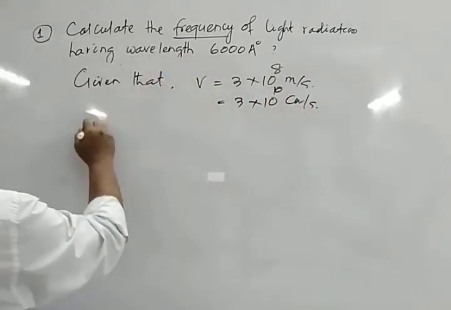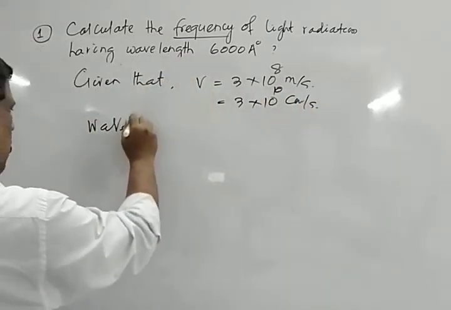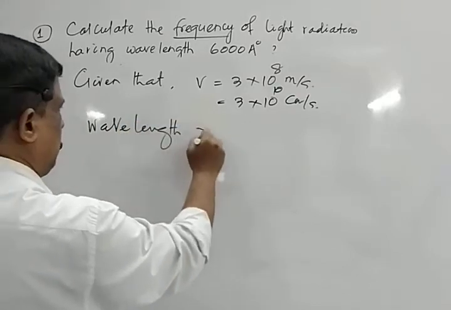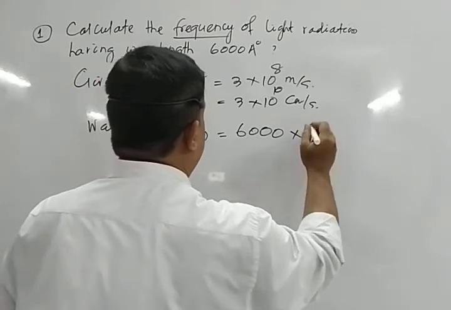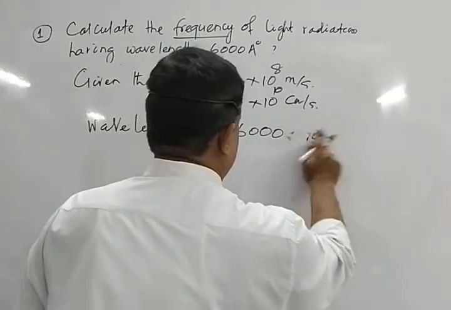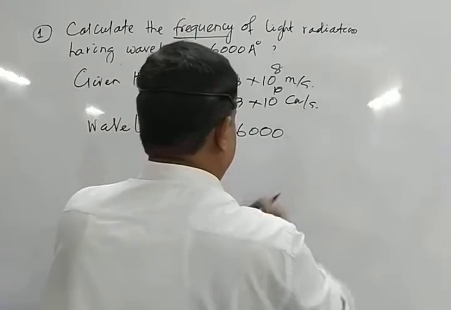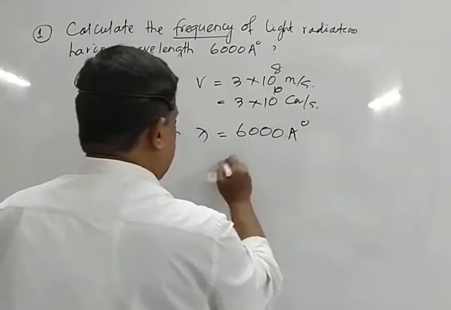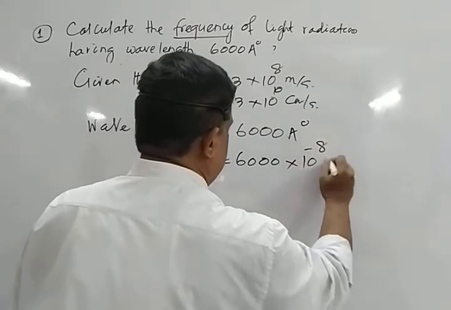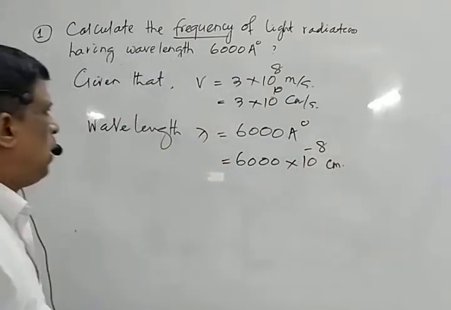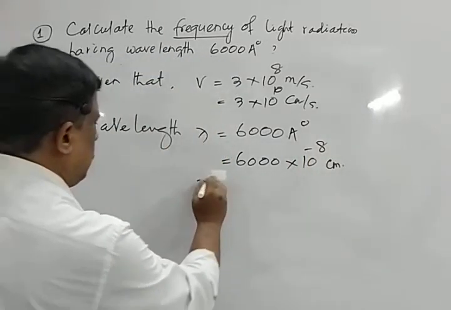Next is the wavelength, lambda, 6000 angstrom. We know 1 angstrom is equal to 10 to the power minus 8 centimeter. Question is frequency.